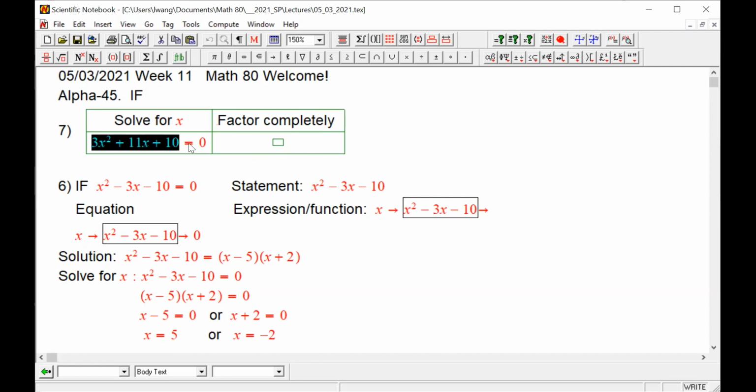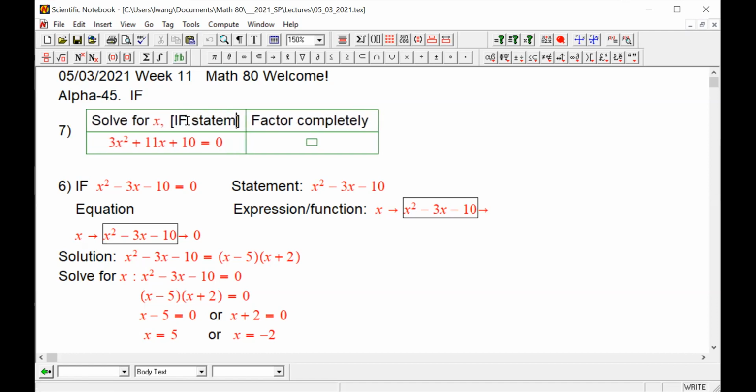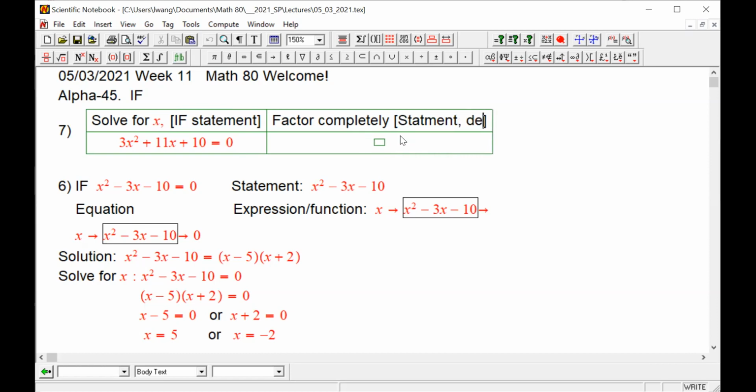And this is the if statement. And here it's just a statement, or a description of a rule, which is a function.